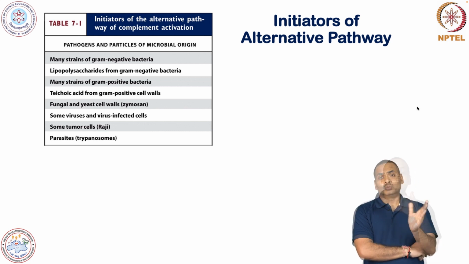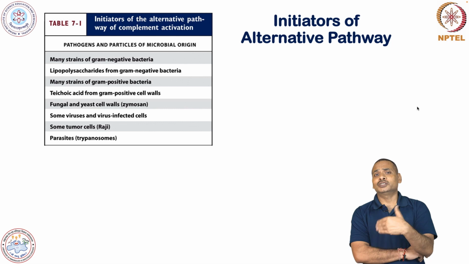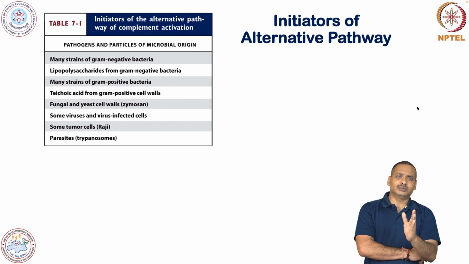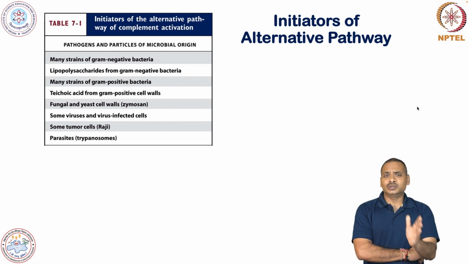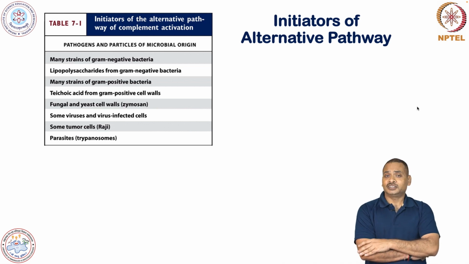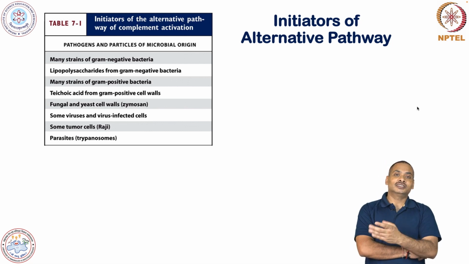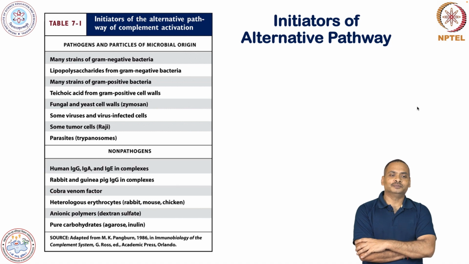In addition, modified cells can also trigger the complement pathway. For example, a normal cell which has turned into a cancerous cell can also trigger the alternative pathway. In addition, bigger parasites can also trigger the alternative pathway.